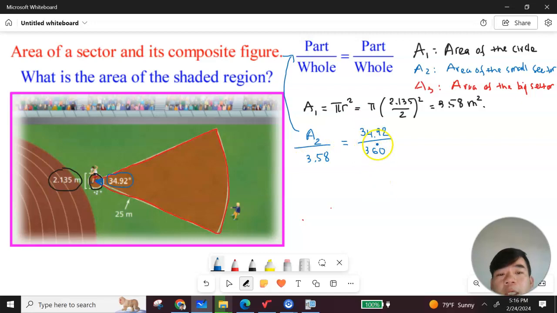And then you just cross multiply. So you get A2 equals 3.58 times 34.92 divided by 360, and then you get the answer.